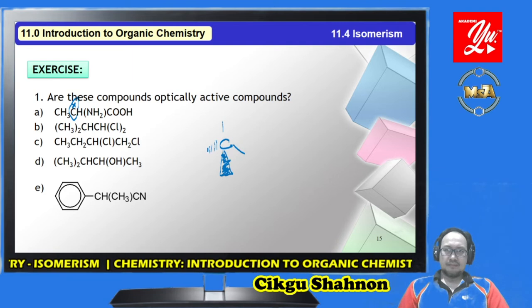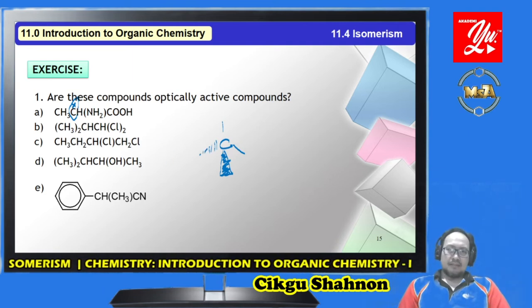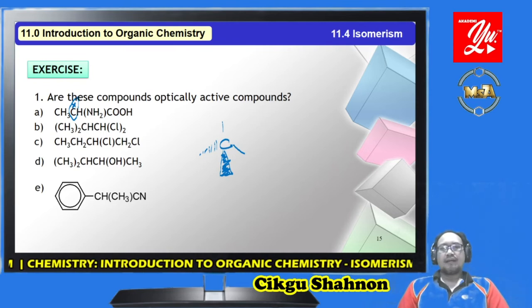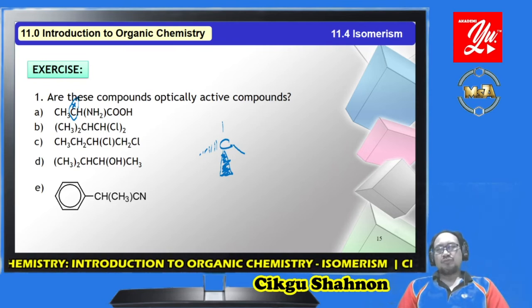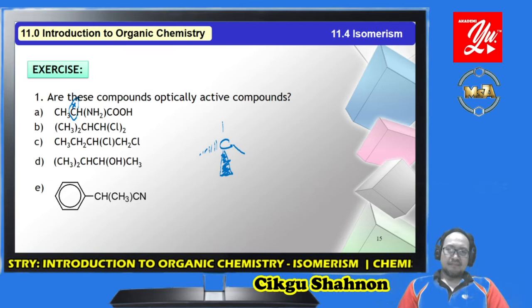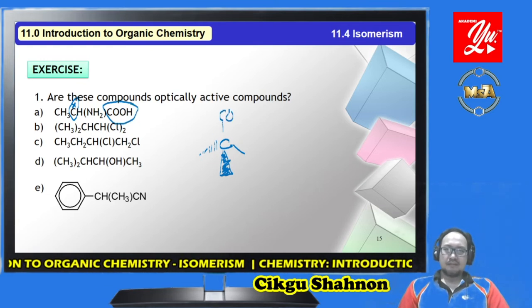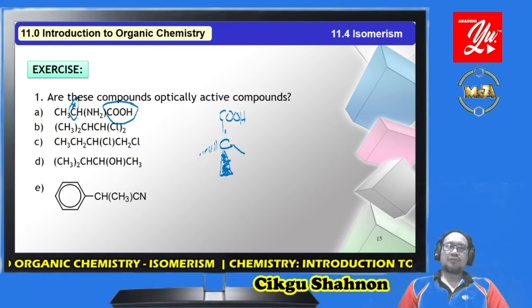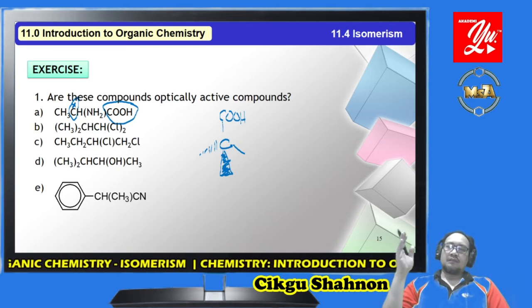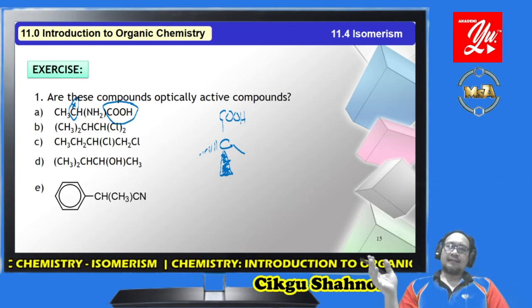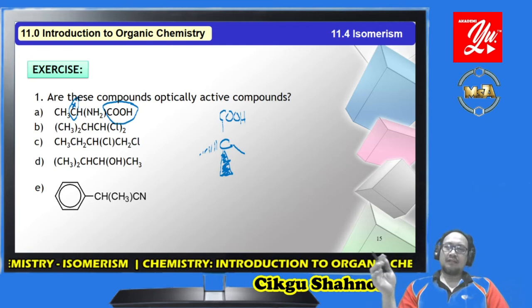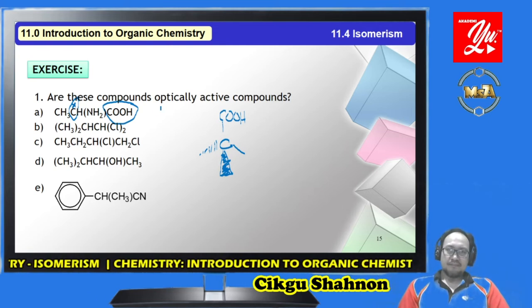Now, to make it easy for us to look, I will draw this COH on top of this, so it is easy for me to draw the second isomer, the enantiomer.